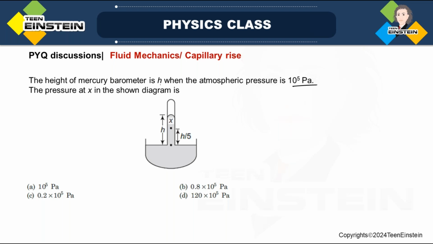Look, this is the point where X is denoted, and you have to find out the pressure over here. See, the total height is H, and the height just up to X is H by 5.